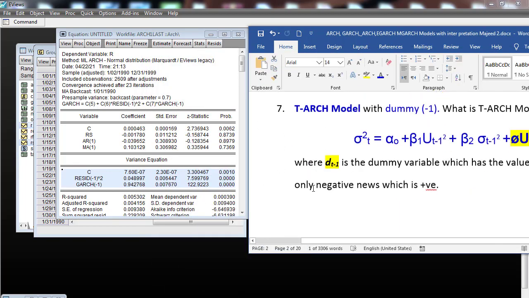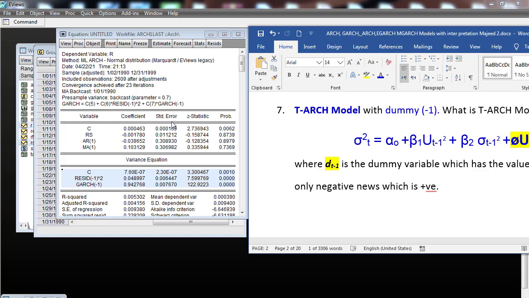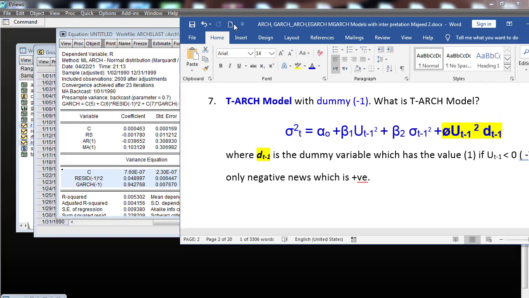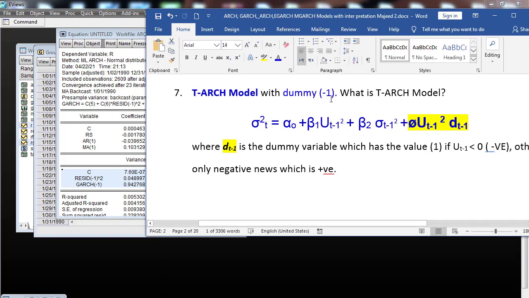This is the equation for TARCH with the dummy variable lag 1: the variance equals a constant, the ARCH term, residual lag 1 square, the GARCH term, variance lag 1, and the dummy variable term.